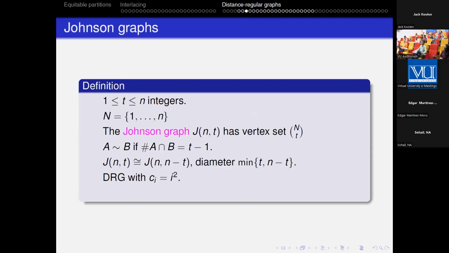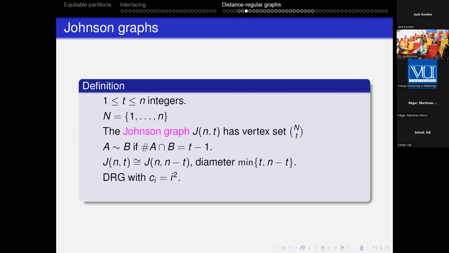You can easily see that J(n,t) is isomorphic to J(n,n minus t), because if you take the complement of the set, this gives you an isomorphism between J(n,t) and J(n,n minus t).